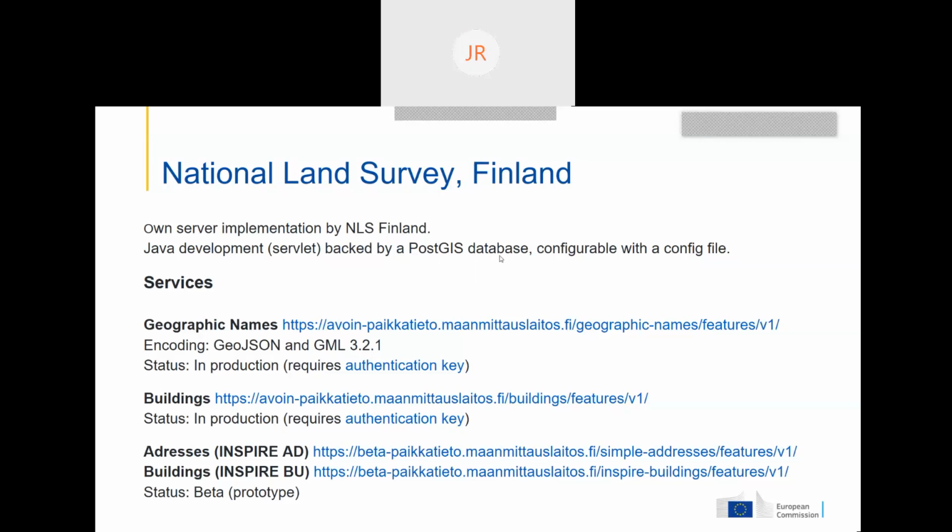Then we have these 2 more experimental services, Inspire addresses and Inspire buildings, which both are open, so there is no need for authentication, and we've tried to follow the encoding rules for GeoJSON in Inspire in these examples, but these are still very experimental, and we don't know how long those will be available and when we will probably put those in production, but of course that will be circulated to you when those are available.